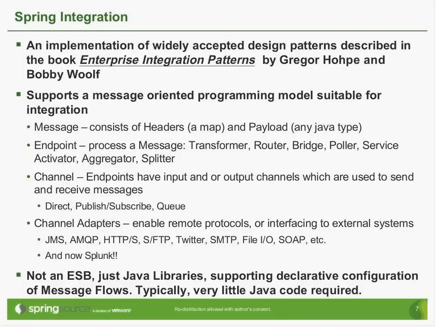And again, it could be any Java type. The payload, as it gets passed around through a message flow, actually can change. So if you send a message over a channel to a transformer, you get, as a result of that transformation, a new payload.